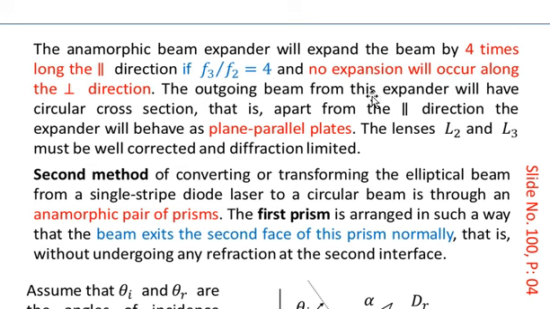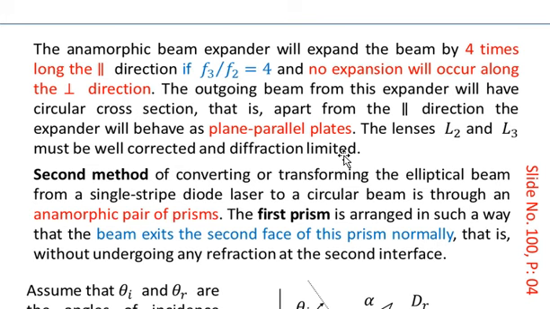The outgoing beam from this expander will have circular cross section. That is, apart from the parallel direction, the expander will behave as a plane parallel plate for the beam which is perpendicular. The lenses L2 and L3 must be well corrected and diffraction limited.